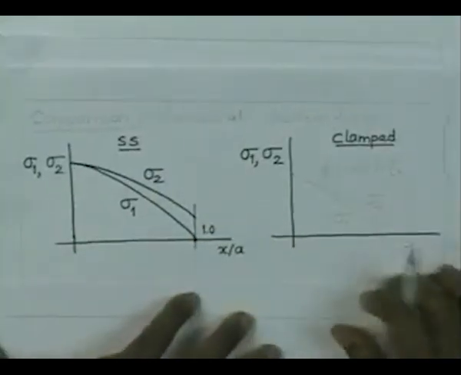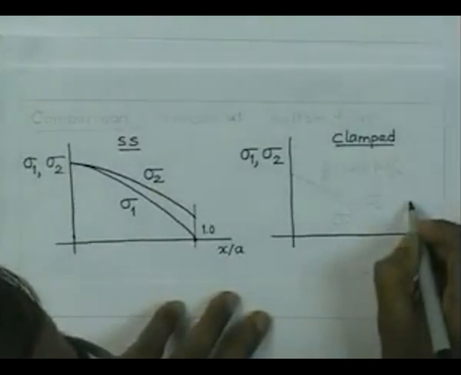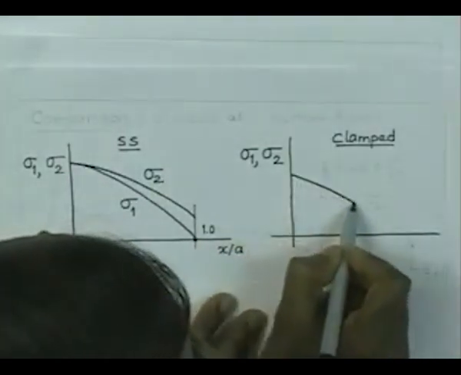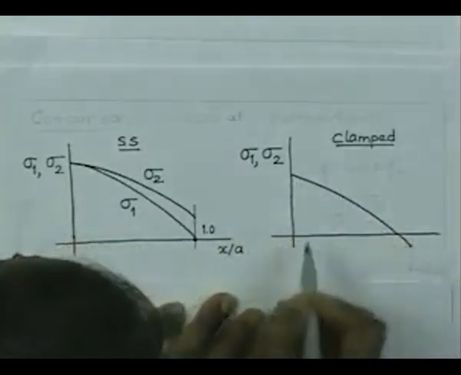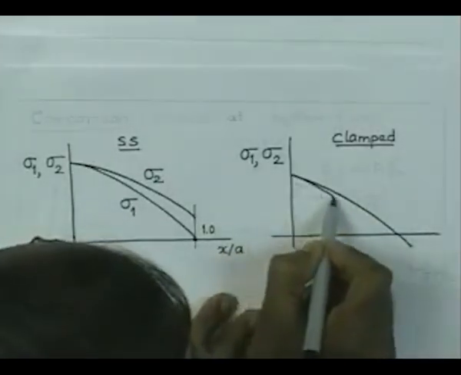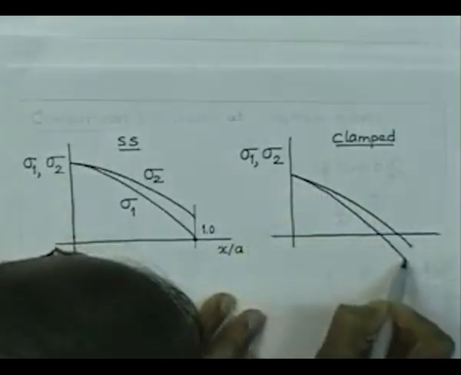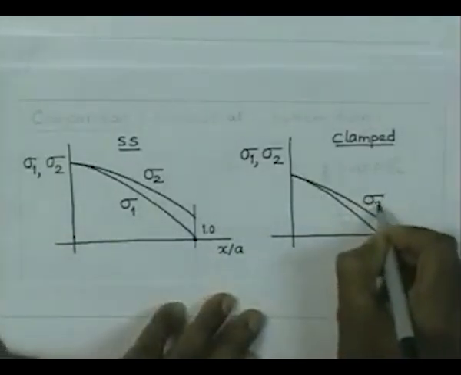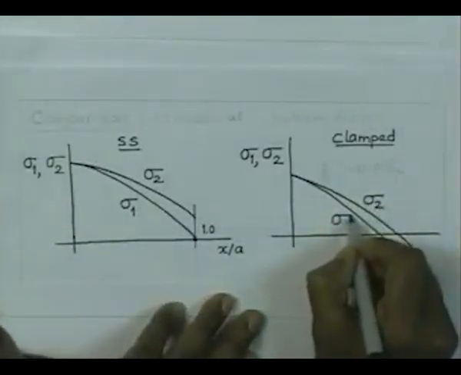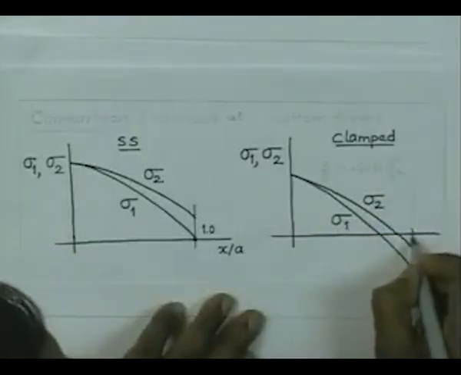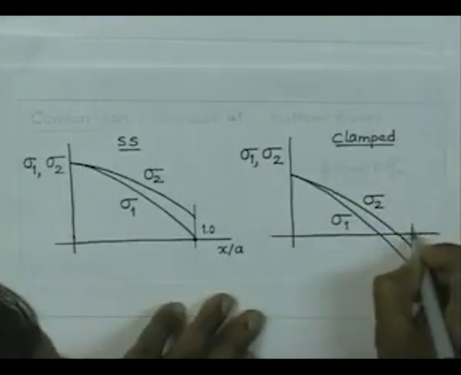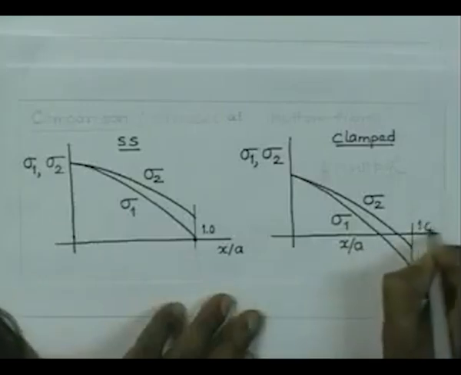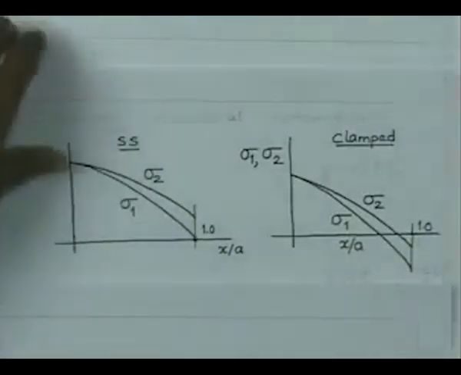Similarly, if we consider this case, the variation of sigma 2 is like this, and sigma 1 is this. Again, x by a is unity at the outer radius.